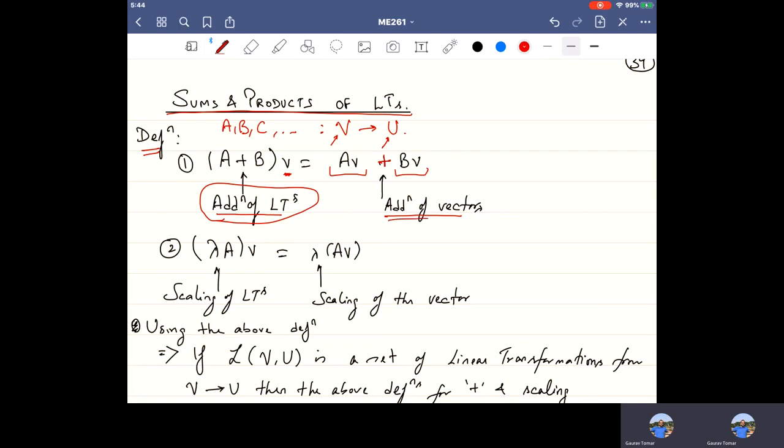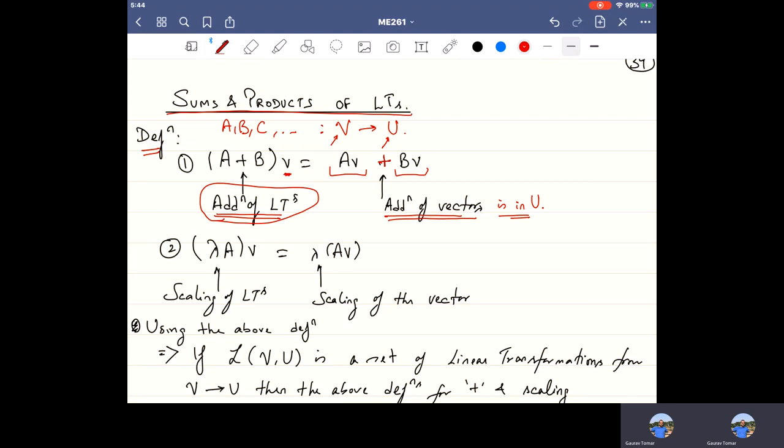So the addition of vectors that is taking place now is in U. Okay. So this is how you define the addition of linear transformations.